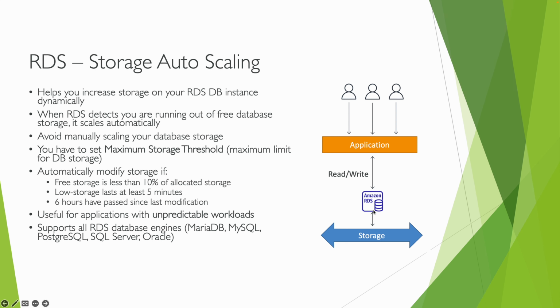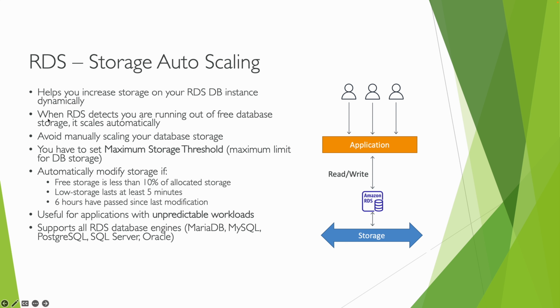RDS DB is storing that in a storage. So whenever there is a high data usage or a high data input, RDS will automatically increase its storage. So we no need to worry about the storage when you are using RDS. RDS will scale the storage and it will manage the storage.